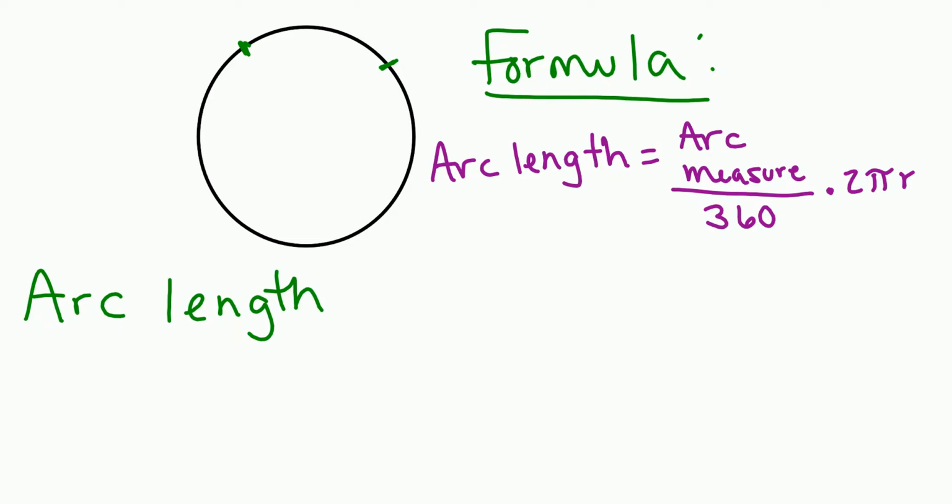Okay, so arc measure is the degree of the arc. Right, so we find arc length by taking that degree, dividing it by 360, and timesing it by the circumference, or 2 pi r.